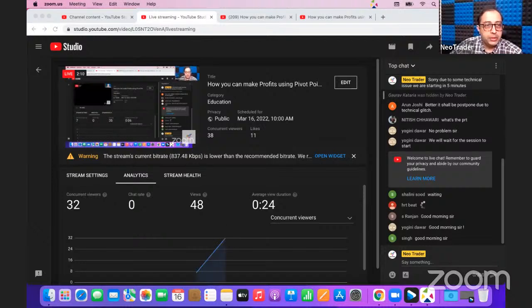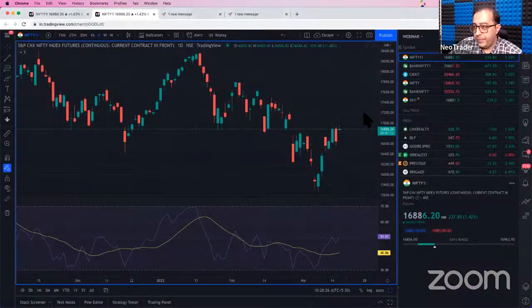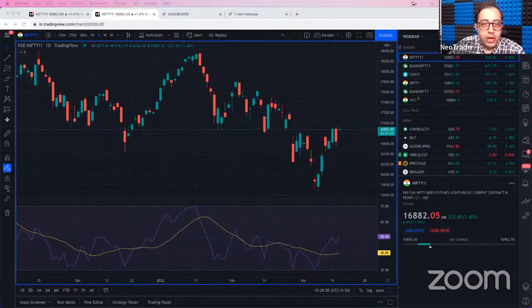What you can see on the charts is that after the last session we saw a positive divergence here that helped the markets move up.